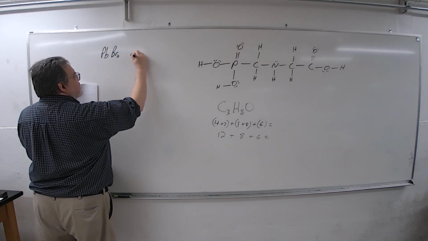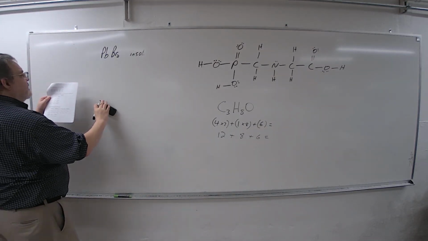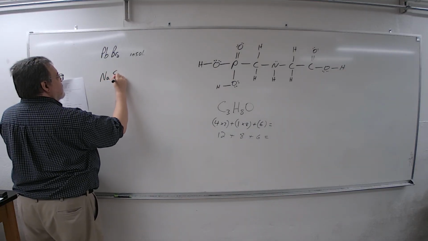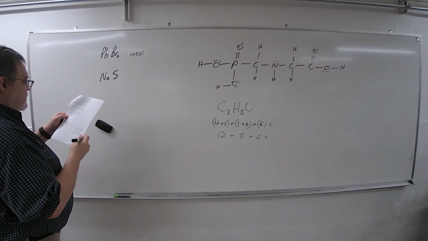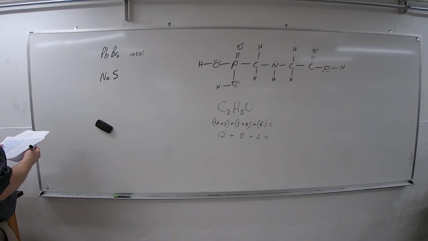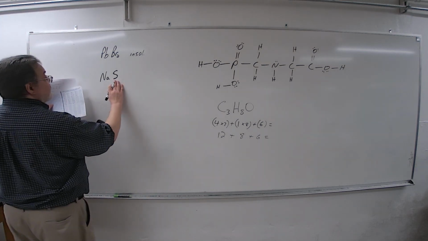Okay, solubility. I gave you the solubility chart. But on the chart, if you looked at Br, it says anything Br is soluble except, and lead was one of the exceptions. So that one should be insoluble. So that should be B. Soluble, insoluble, soluble.